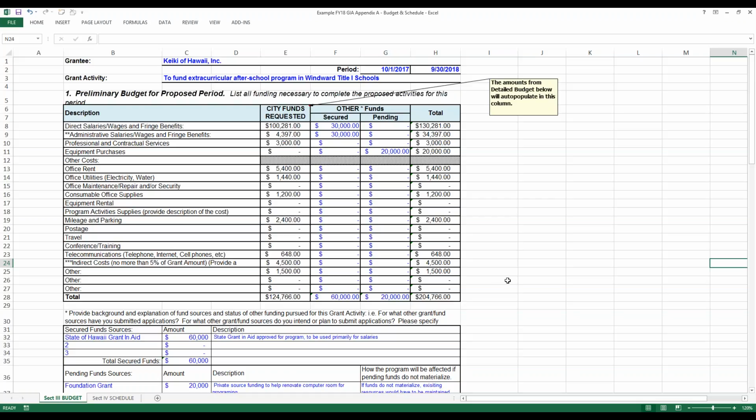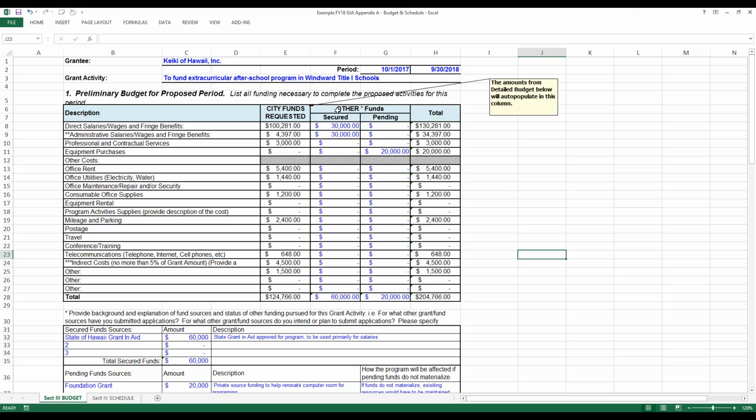Okay, so now let's take a look at the budget, and hopefully this will help you fill out the budget in the right way. This budget is divided into two subsections. First is a preliminary budget, which gives the whole picture of all the finances necessary to run the program that you are applying for.